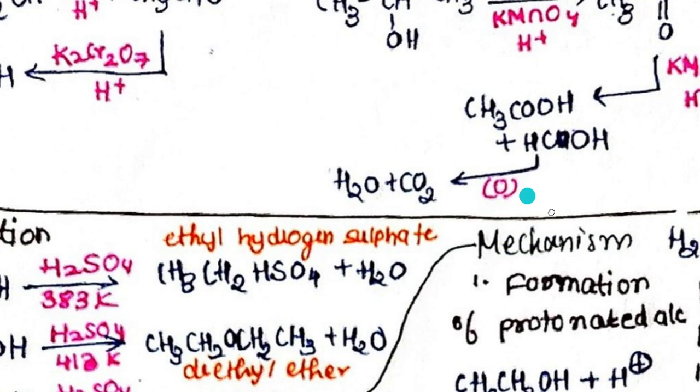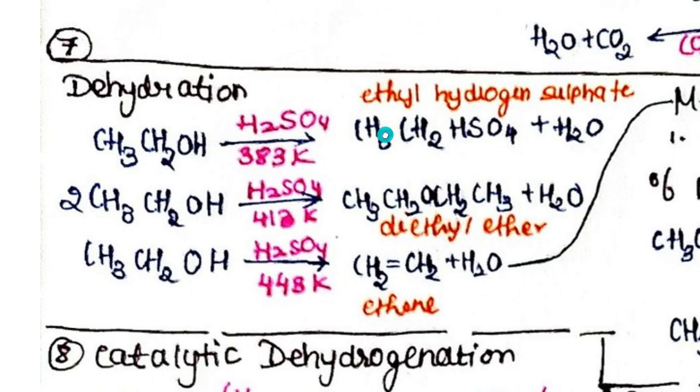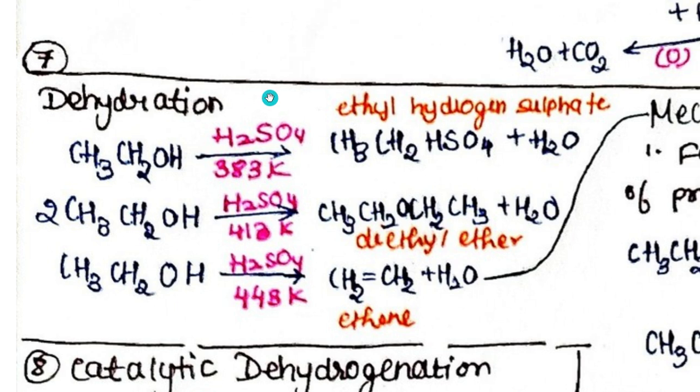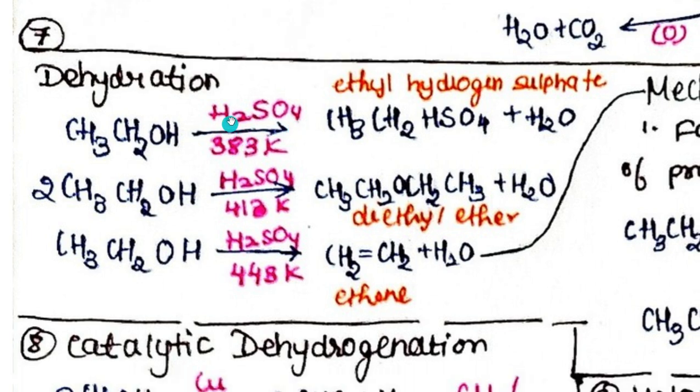Now coming finally to dehydration, which is the seventh chemical property. CH3CH2OH in the presence of H2SO4 at 383 Kelvin will give CH3CH2HSO4 plus H2O, which is ethyl hydrogen sulfate.